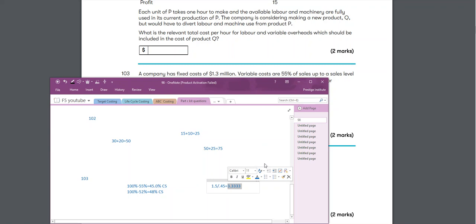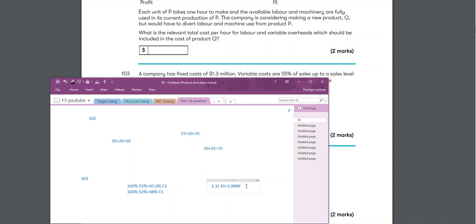So that means our break-even point doesn't happen at 1.5 million sales.